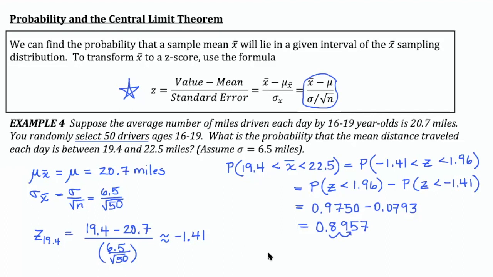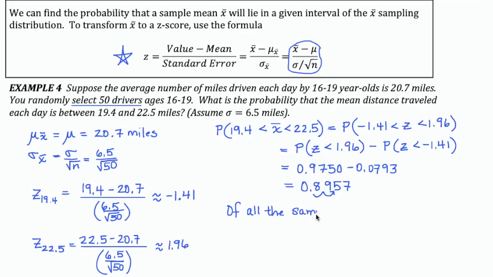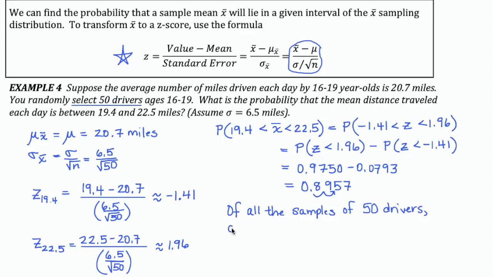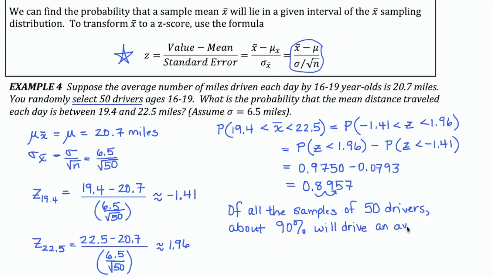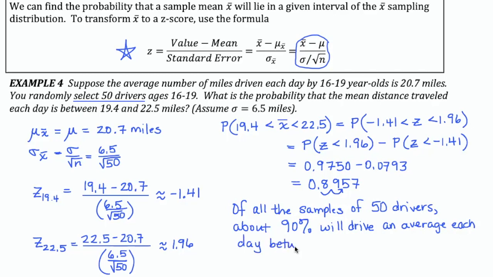So what does that actually mean in terms of this situation? This means of all the samples of 50 drivers, about 90% of them will drive an average each day between 19.4 and 22.5 miles.